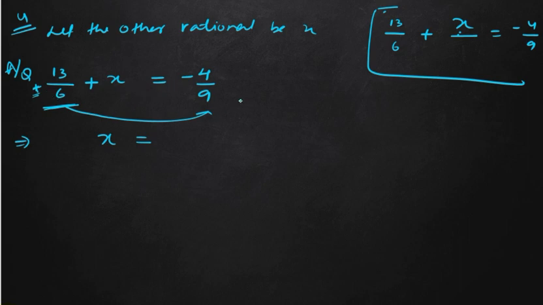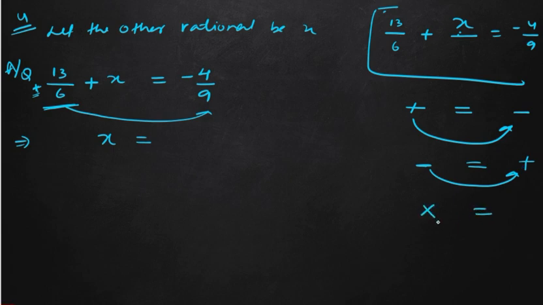If negative changes the side, it will become positive. If multiplication is there and it changes the side, it will become division. And if division, and it changes the side, it will become multiplication.